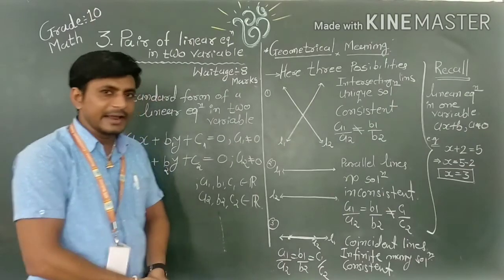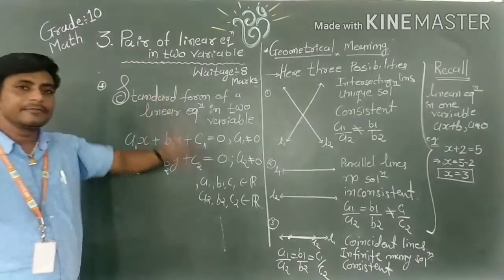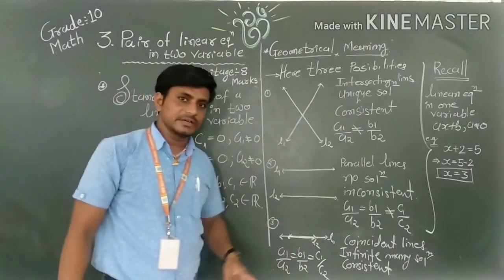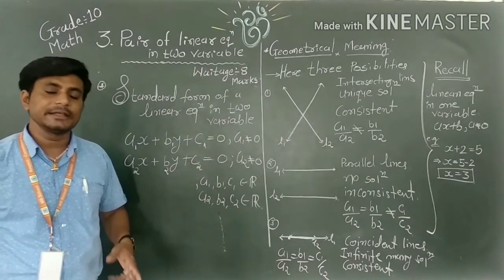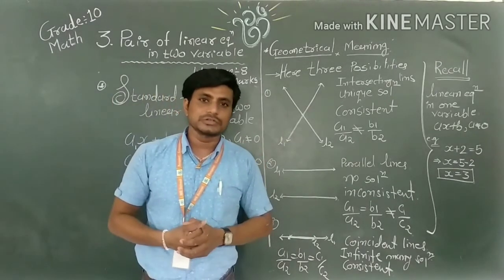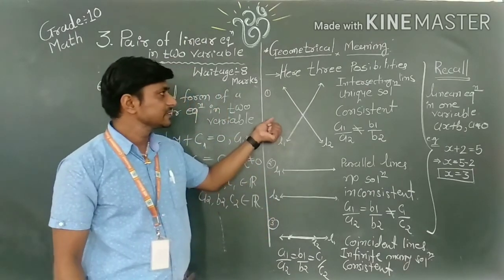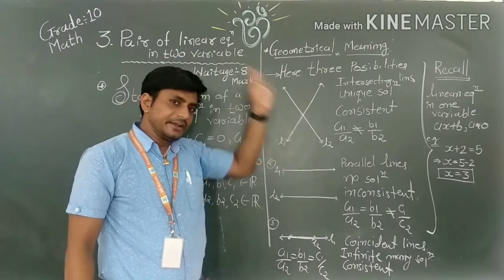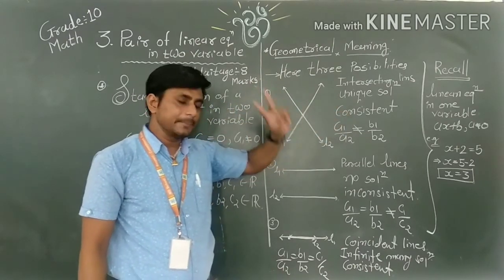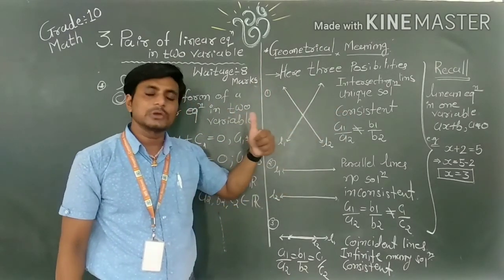Again I repeat, if we have any two equations with two variables, there are three possibilities for the solution. First possibility is intersecting lines, a unique solution. Second possibility, there is no solution.